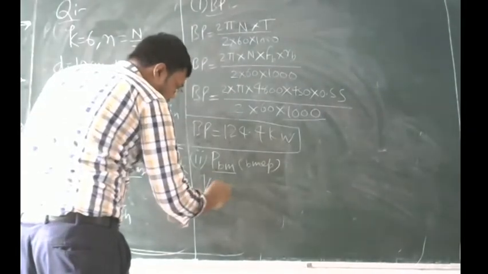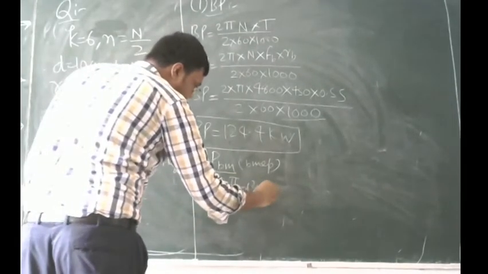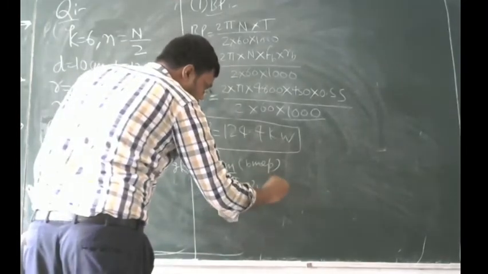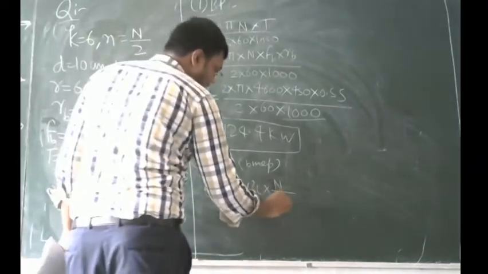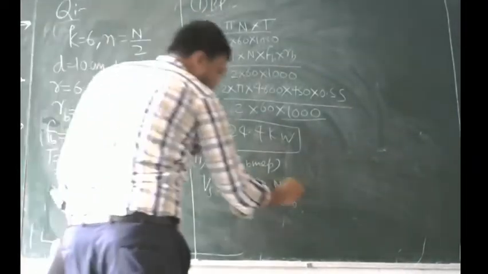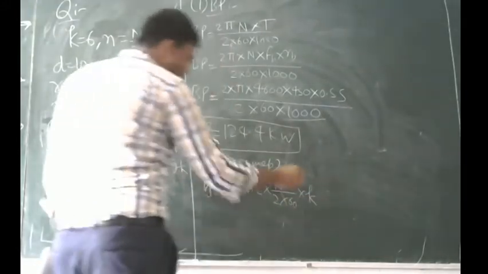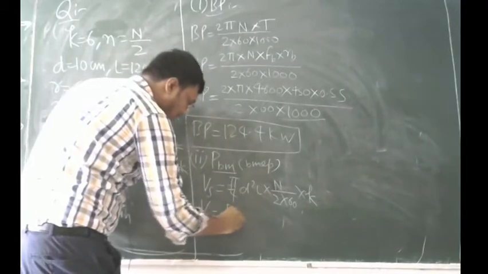Vs equal to pi by 4 d square L into n by 2 into 60. Okay. Because small n is equal to N by 2 into k. Put all the values here, so we get the value of Vs equal to pi by 4.